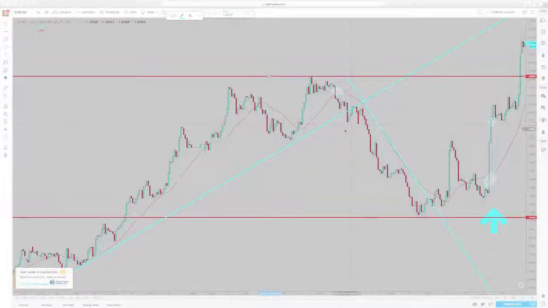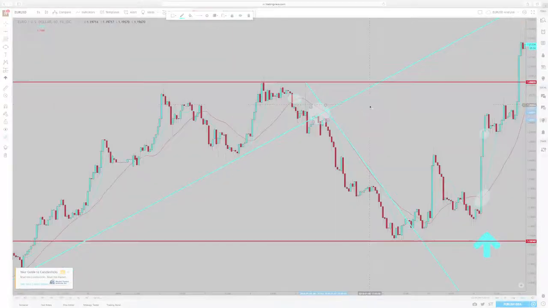We always want to wait for the retest. If it breaks a support and resistance or a trend line, it's going to come back and retest it. It comes back and retests it multiple times right here, and that looks like our true confirmation to sell.